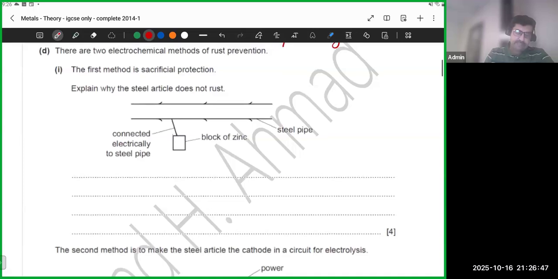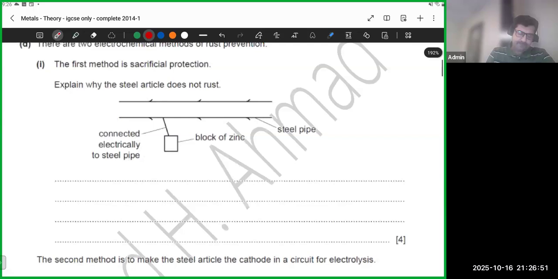Now the first method, sacrificial protection. So there's a block of zinc. You've got a steel pipe, which is basically iron. How would zinc protect the iron?